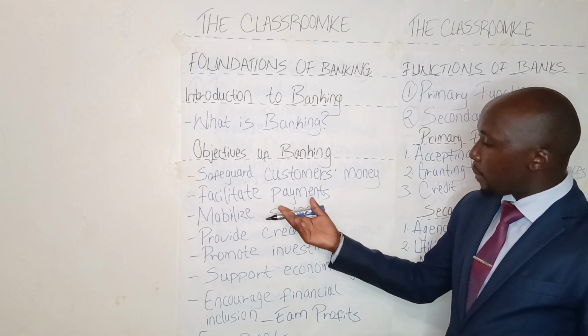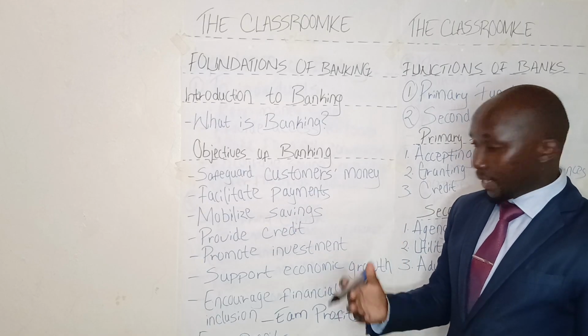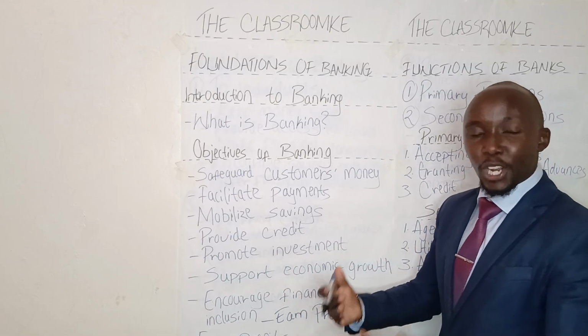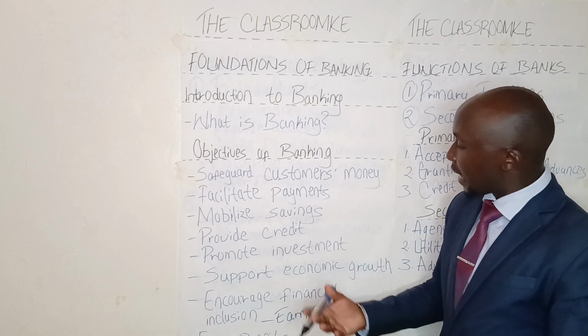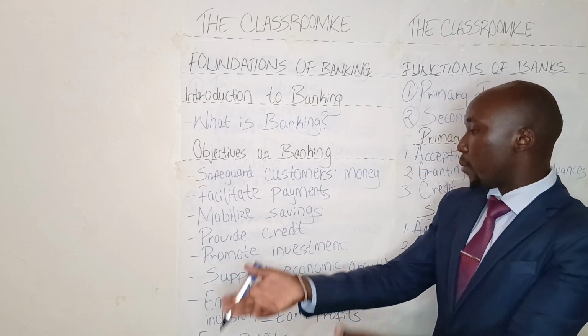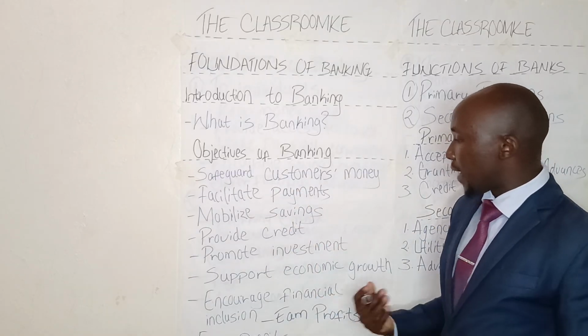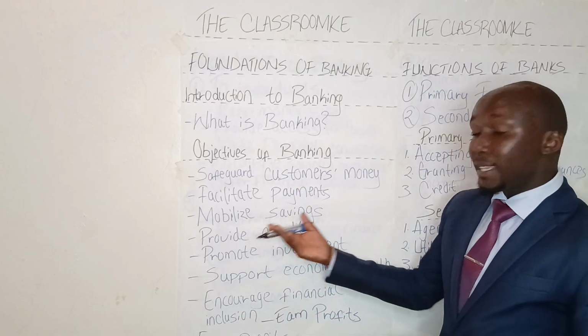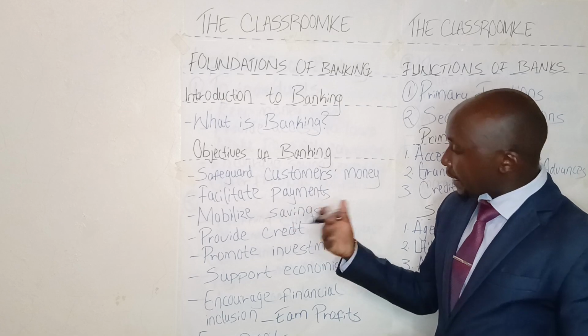So what is mobilized as savings, a portion of it is lent to people, and then they're able to meet their financial objectives, and they are also able to return those funds at an interest.